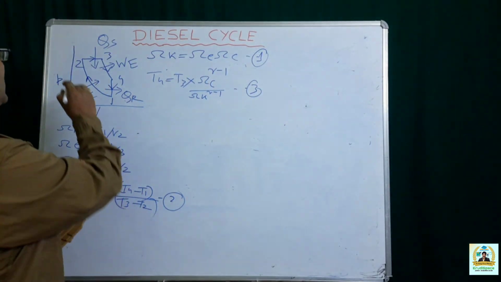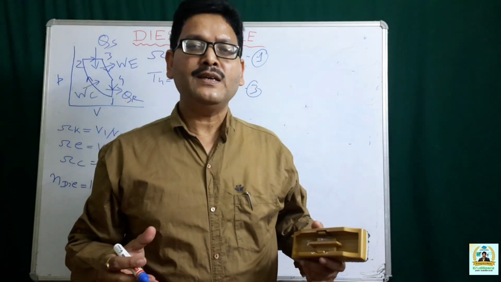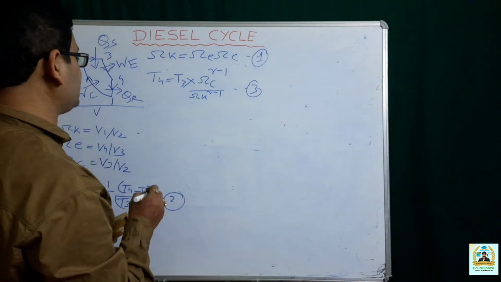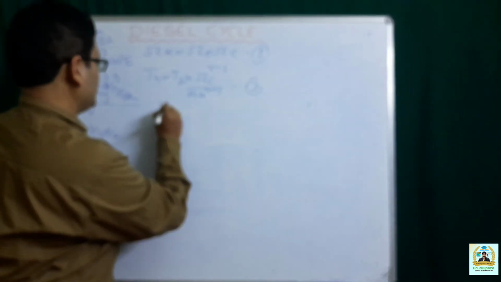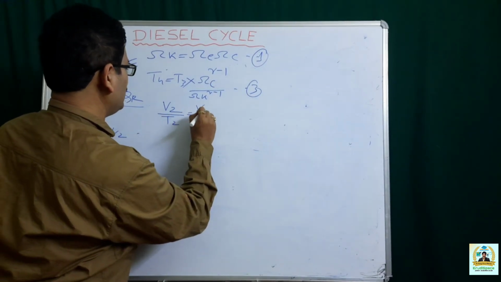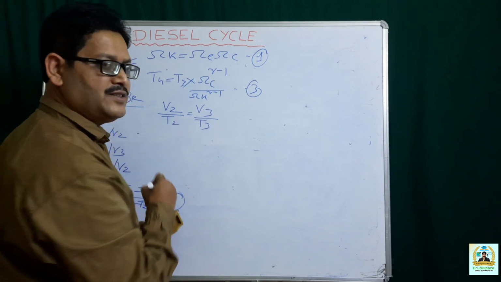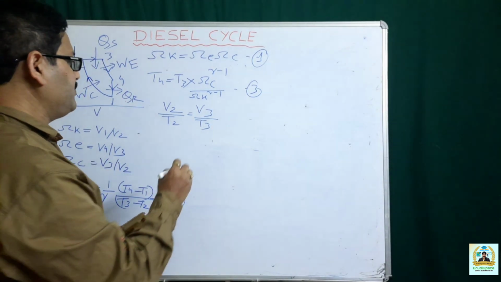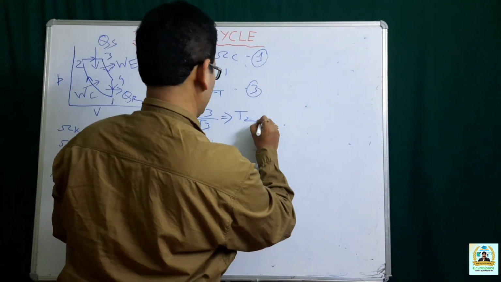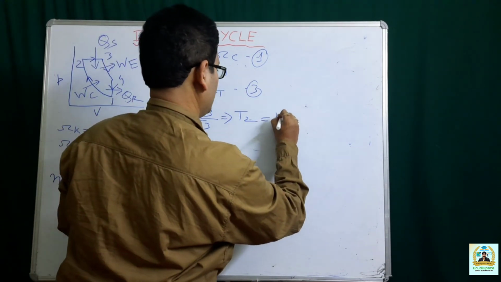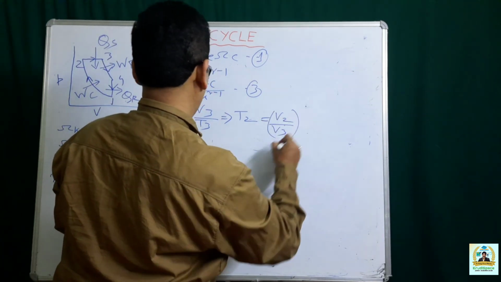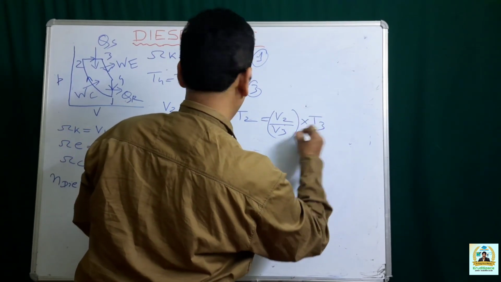Then if you consider process 2-3, this is an isobaric process where the pressure remains constant. So when pressure remains constant, then V2 by T2 is equal to V3 by T3. Now this implies T2 is equal to V2 by V3 multiplied by T3.